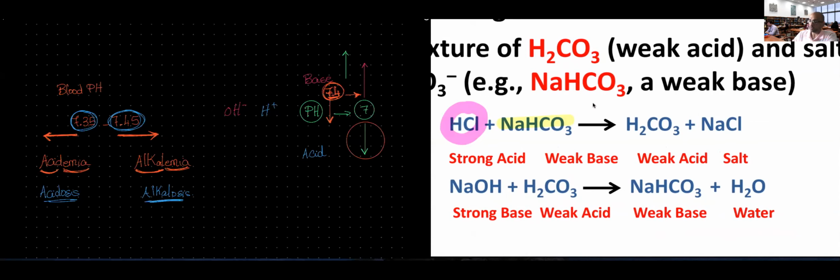So what's going to happen if you add an acid to a base? An acid this potent is not going to be neutralized by a weak base like sodium bicarbonate, but it's going to be transformed into a weaker acid, which is the carbonic acid in this case, and a neutral salt. This is neutral. It's not a proton donor, it's not a proton acceptor, it's neutral.